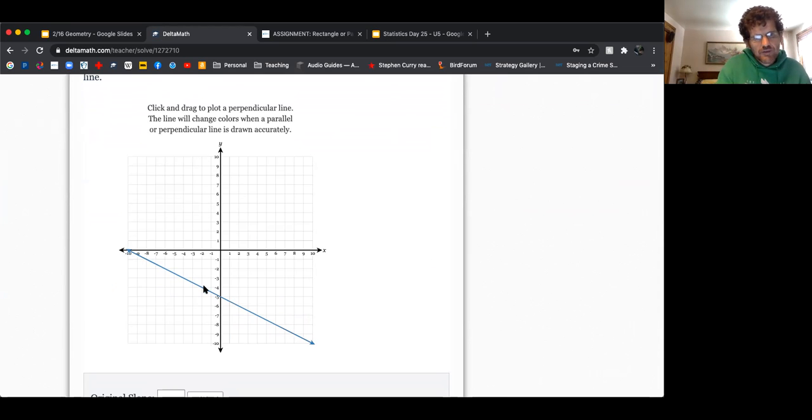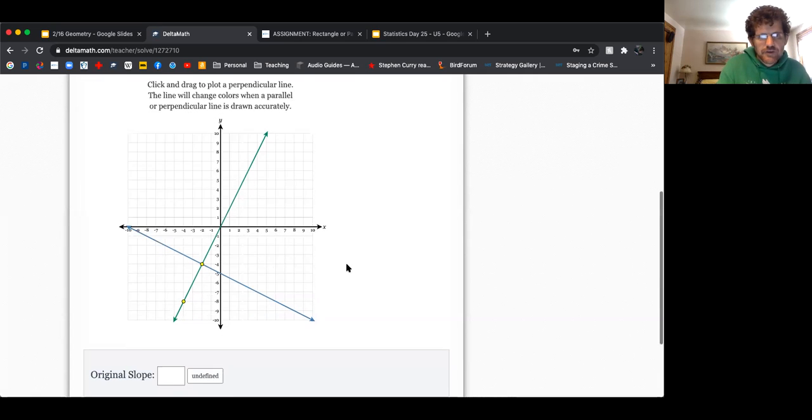All right, so I've got this point right here. I could look and figure out the slope, but I could also just play around with it until, oh, I saw something green. There it was. So there's green. And it's going to let me know when I've got perpendicular lines. So we're good to go with that. I'll just call it good.